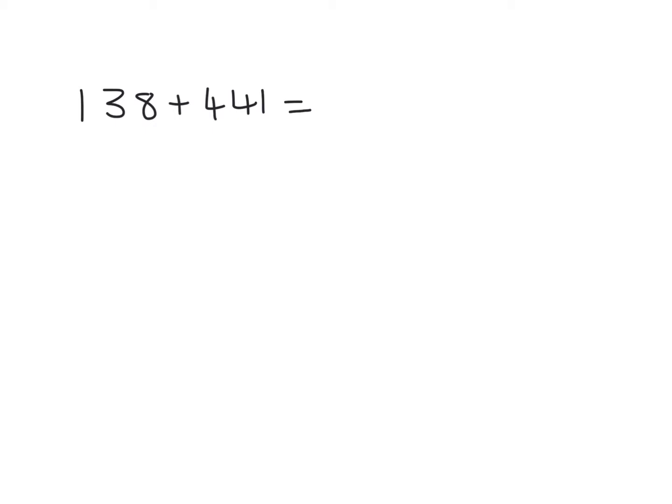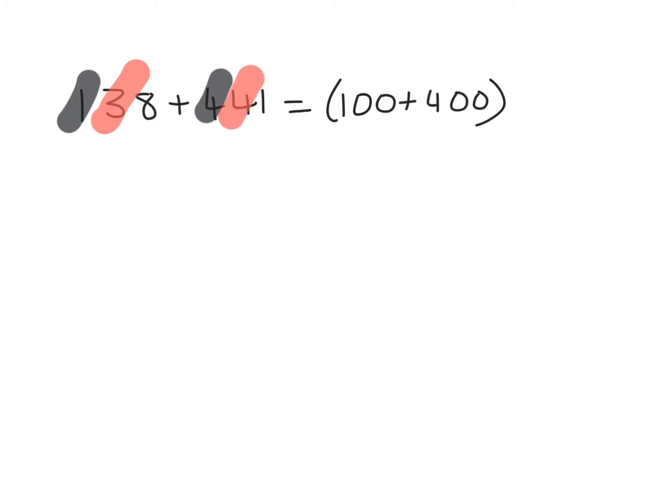Alright, so how did we actually go? Well, I'm going to have a look at that number there and that number there. Why am I looking at those? Because they are hundreds. So that would be 100 plus 400. Next numbers I'm going to look at are the tens. So I'm going to go plus 30 plus 40. Close my brackets. I'm then going to have a look at those guys there.